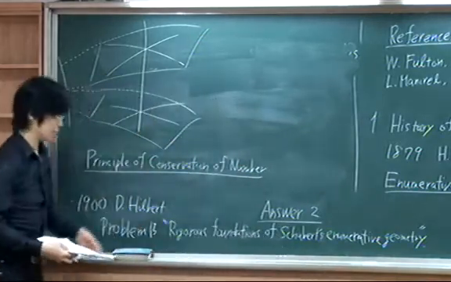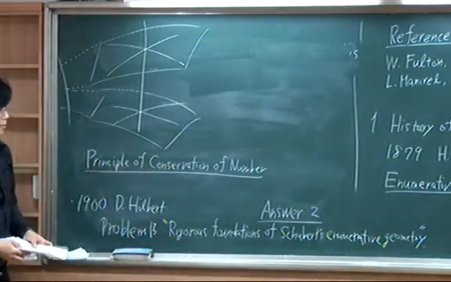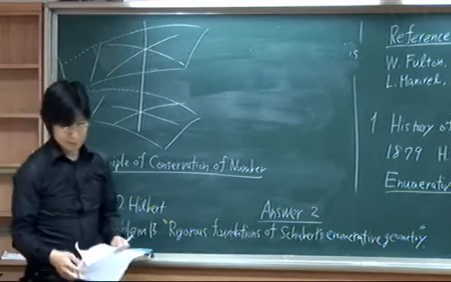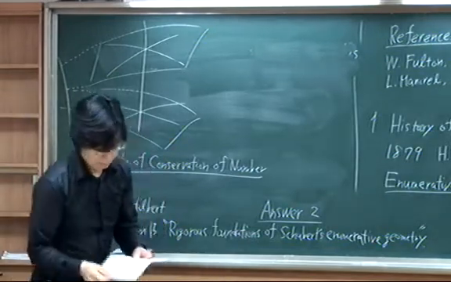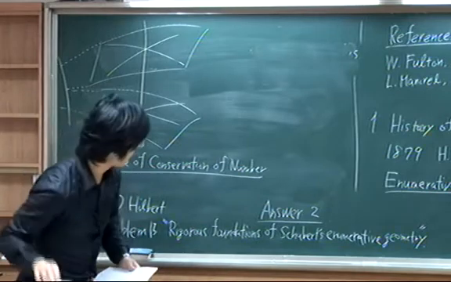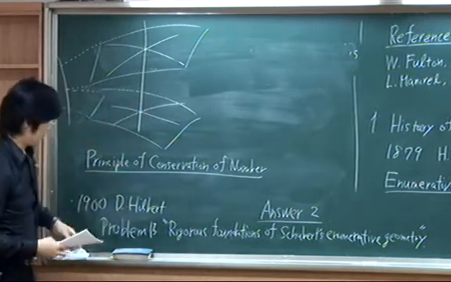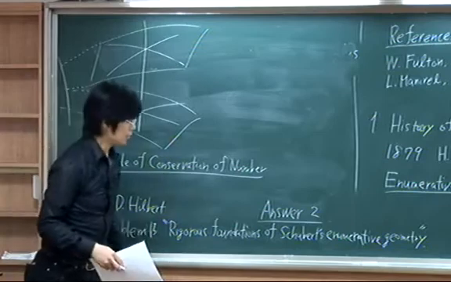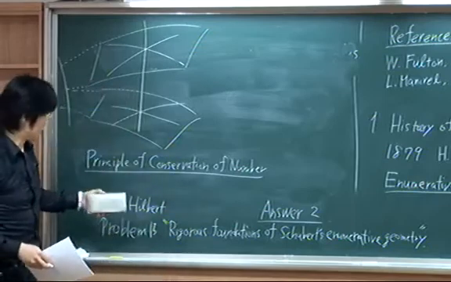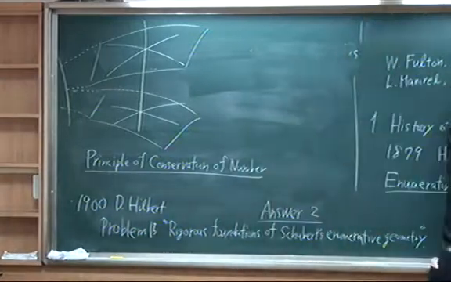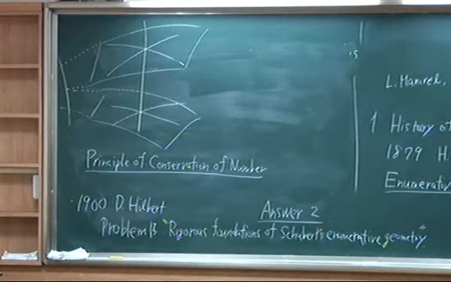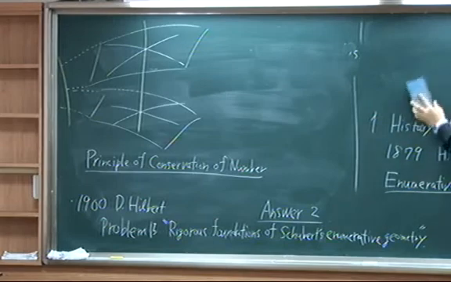Problem 15, rigorous foundation of Schubert's enumerative geometry. Since then, many mathematicians, especially algebraic geometers, tried to justify Schubert's arguments. They established the intersection theory.